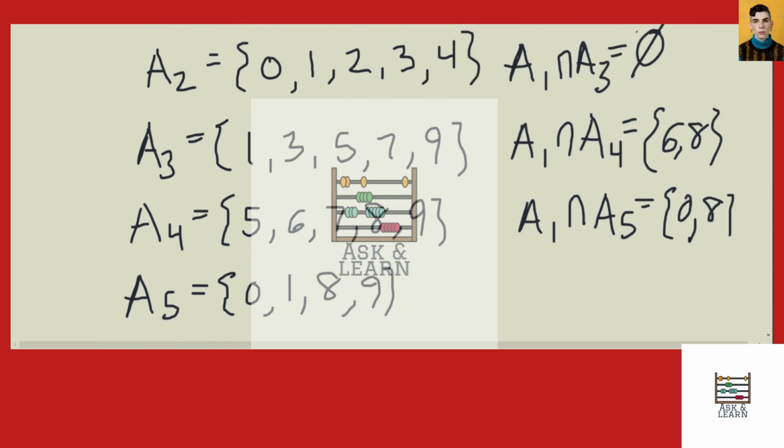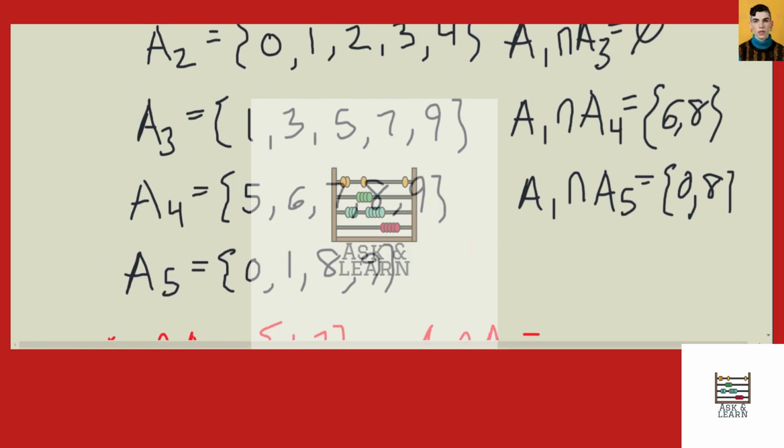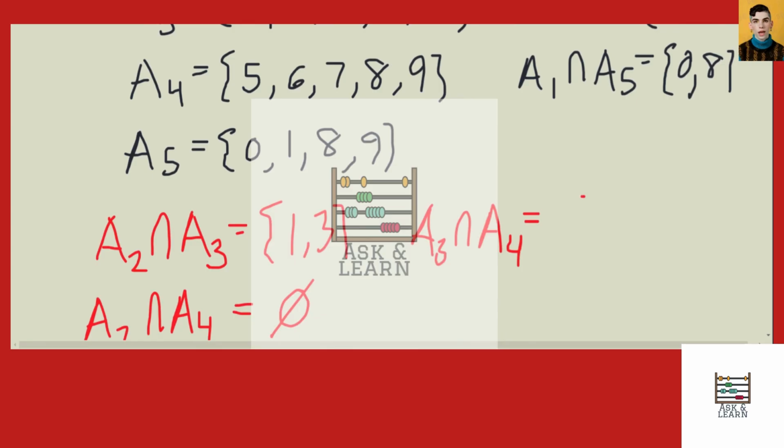Next we have A3 and A4. Five is contained in both sets, 7 is contained in both sets, and 9 is contained in both sets. So this is not empty.